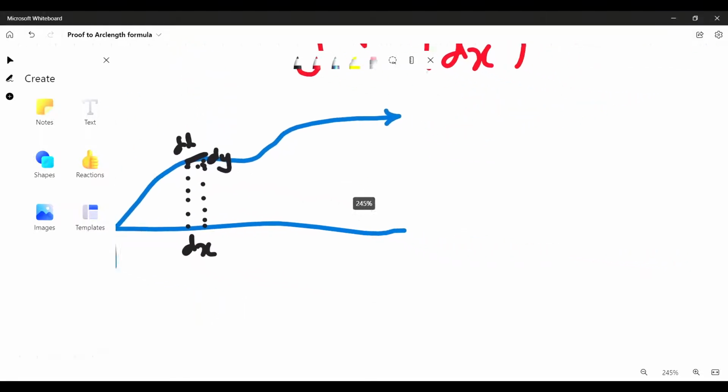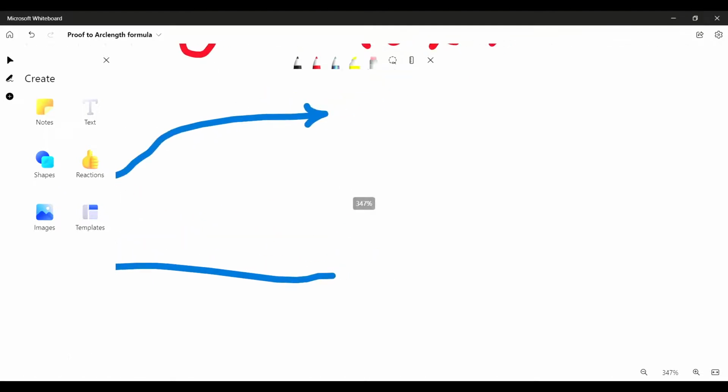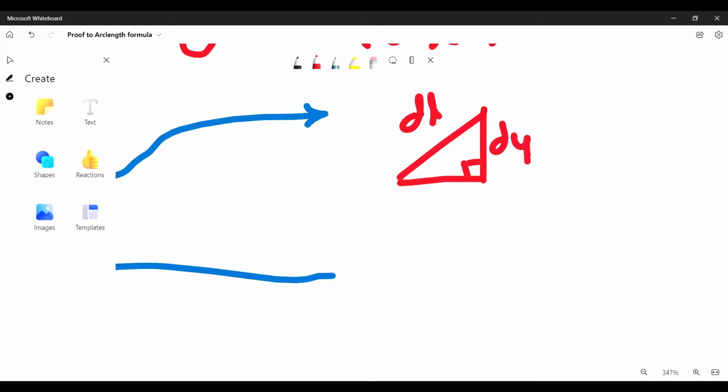So if we think about it, we have a little triangle of dl, and it's a right angle triangle because dy and dx are perpendicular, being just the y-axis and x-axis.